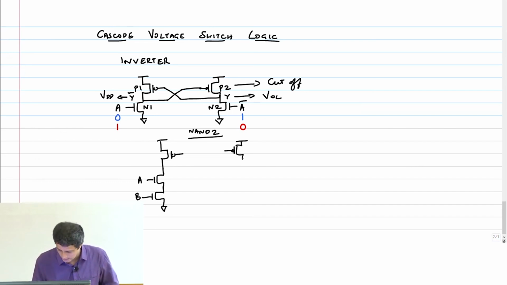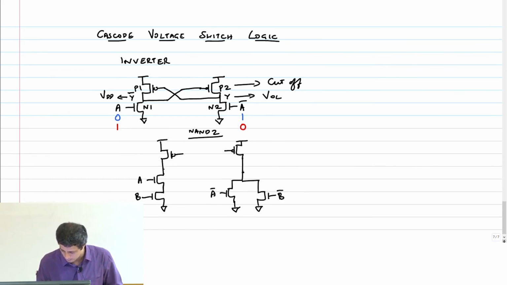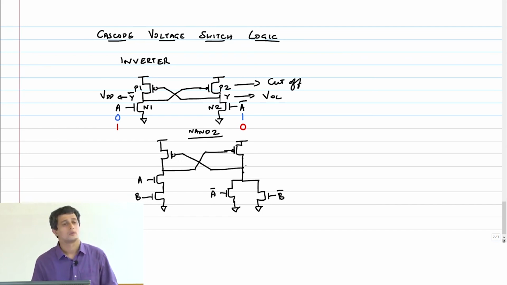Exactly, right? It's not just AB in parallel. It is actually the A bar, B bar. What is this logic here? This is A into B, right?